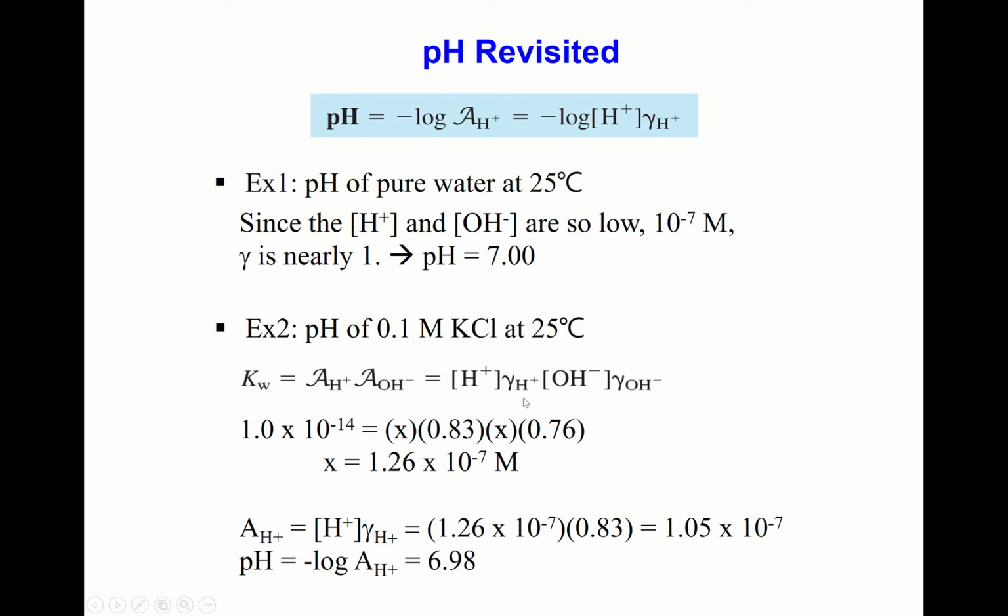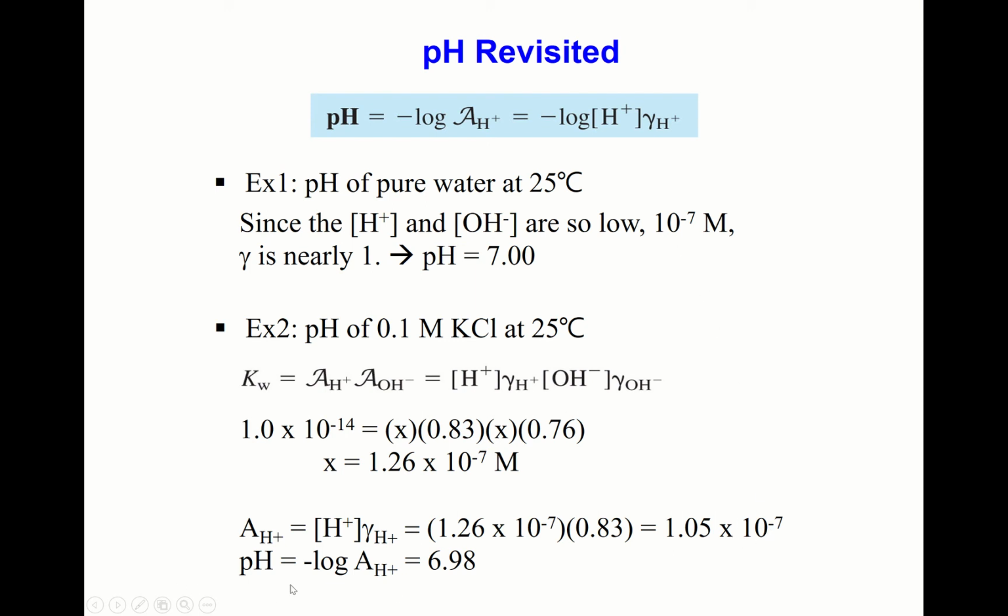And what is the pH? Using this pH definition, the activity of a proton equals the molar concentration of proton multiplied by the activity coefficient. Here the proton concentration is given, and the proton activity coefficient is 0.83, so the activity of a proton under this condition is 1.05 times 10 to the minus 7, not much different from 10 to the minus 7 molar.